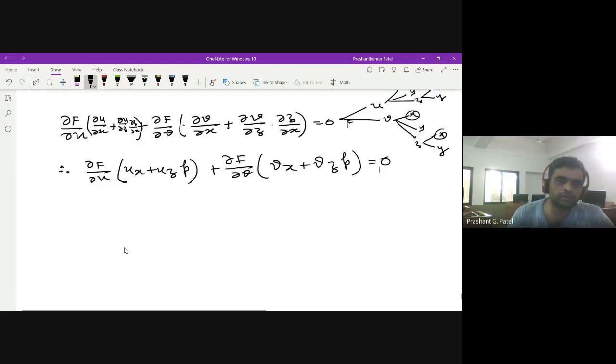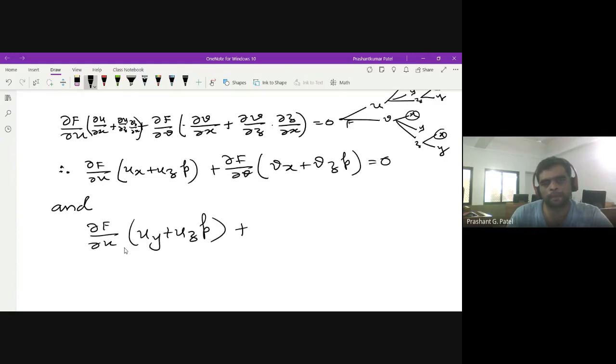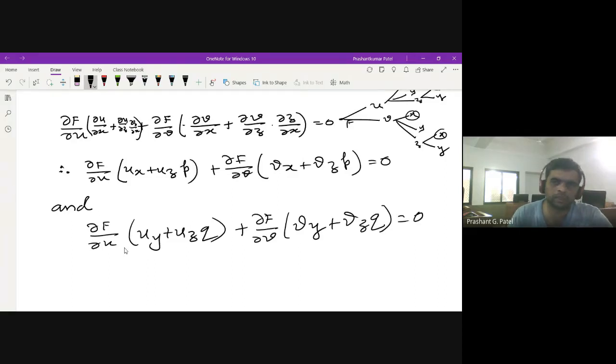Similarly, when you do it with respect to y, you will have del f upon del u into uy plus uz into q, plus del f upon del v into vy plus vz into q, equal to 0. This is not p, it is actually q, because now it is del z by del y. Now this is the star equation and the double star equation.